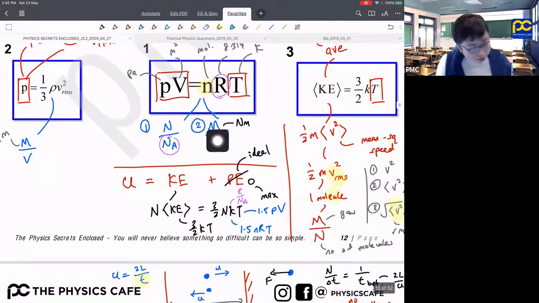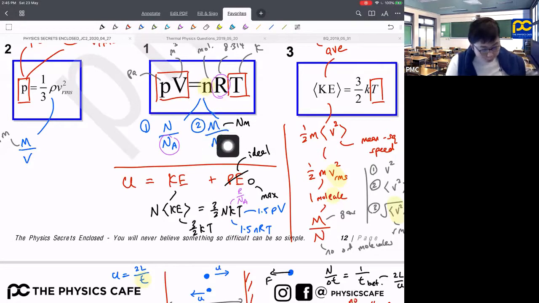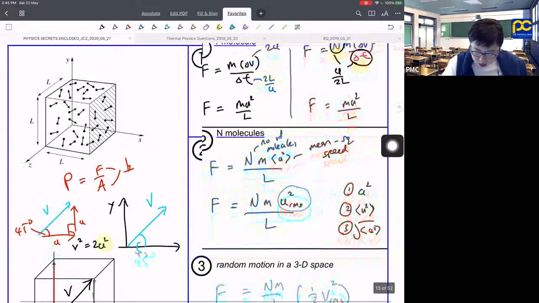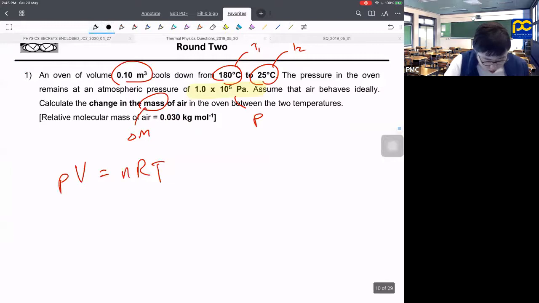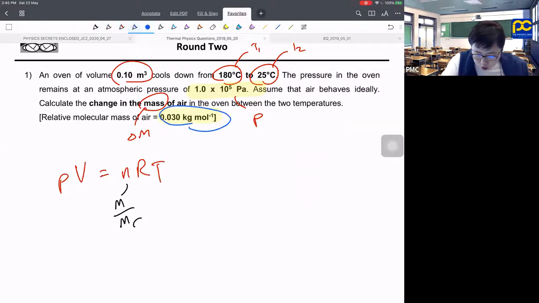Look at this. They give you the mass of the gas, right? They want you to find the change in the mass of the gas. See, it's here. You replace the number of moles with m over Mr. I feel that the teachers, especially the chemistry teachers in secondary school, are giving this Mr too many different names.